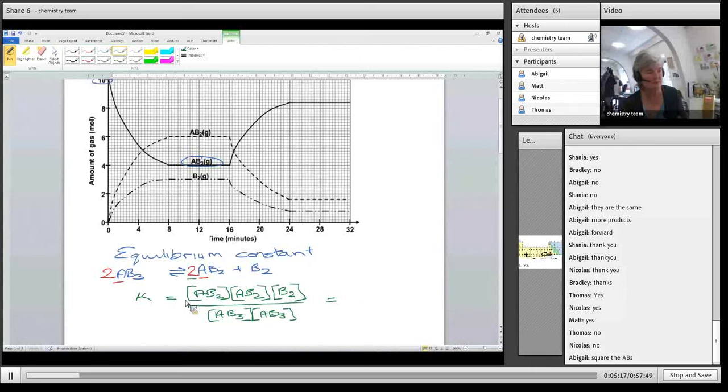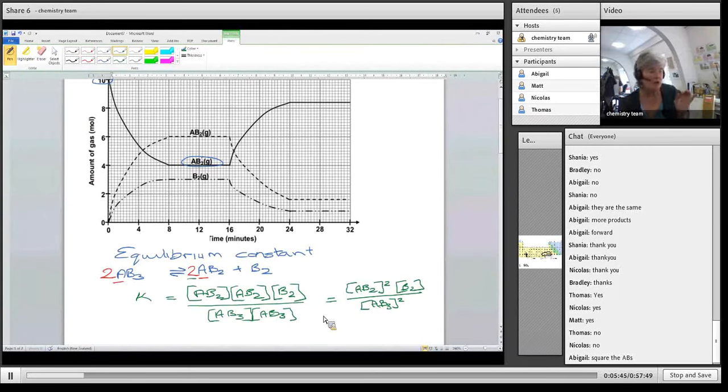That's right, because AB2 times AB2 is actually AB2 squared, okay? And we've only got one B2, so we leave it like that. And then we divide it by the AB3 squared, because AB3 times AB3 is AB3 squared.